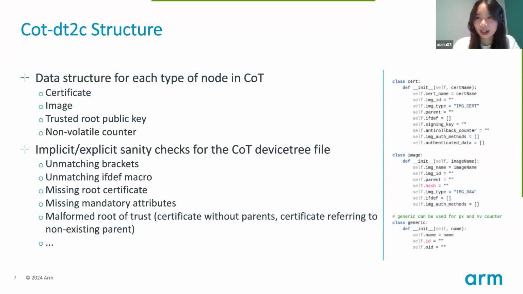The list can go on if we think of more test cases to validate a device tree file. We can also do an explicit sanity check by typing the validate COT command I mentioned in the previous slide.